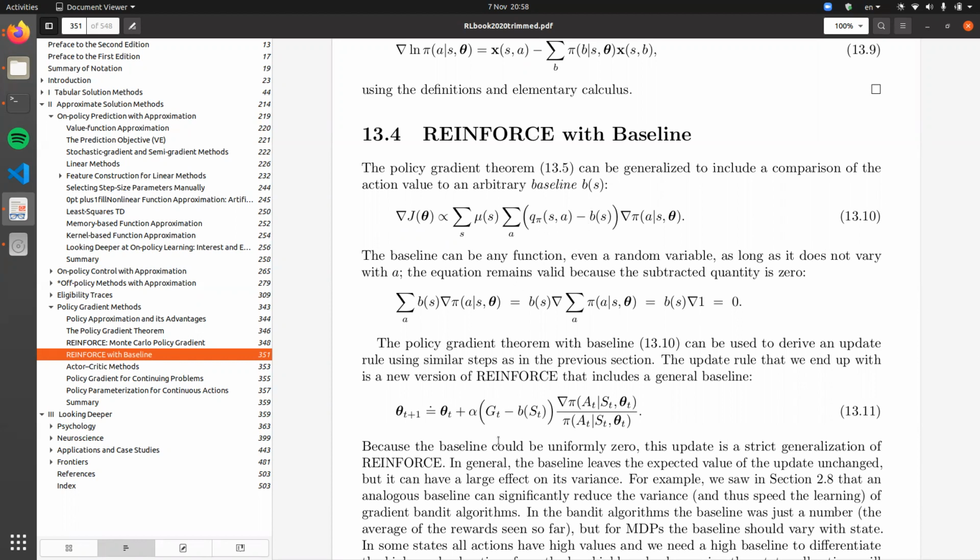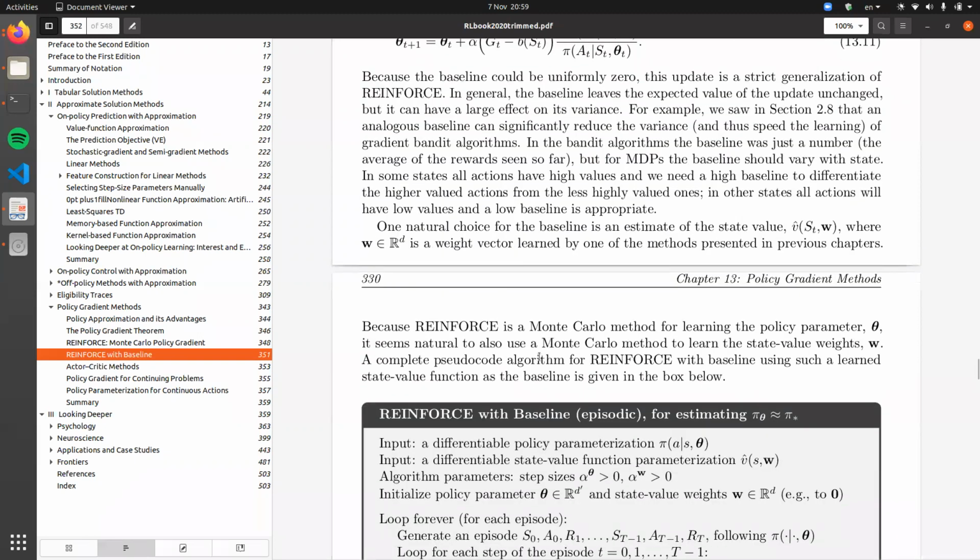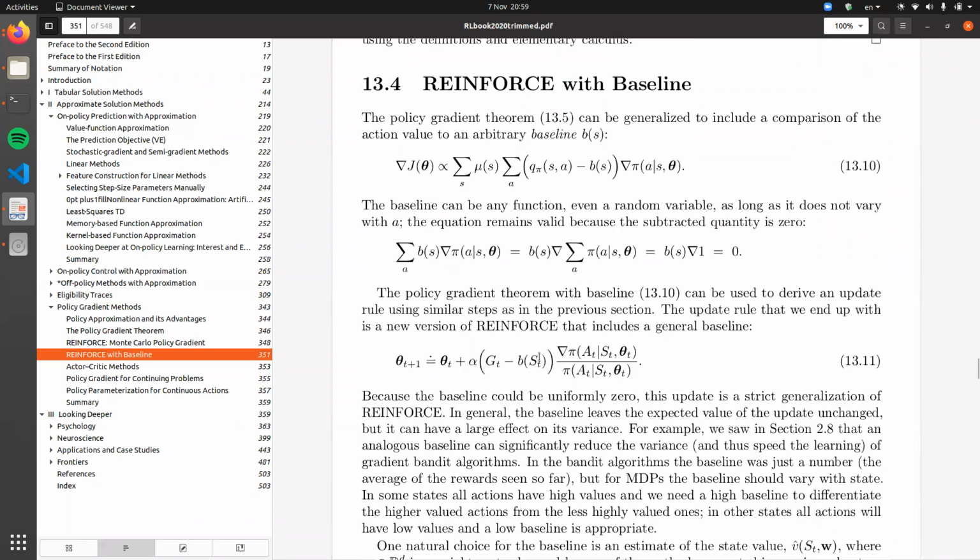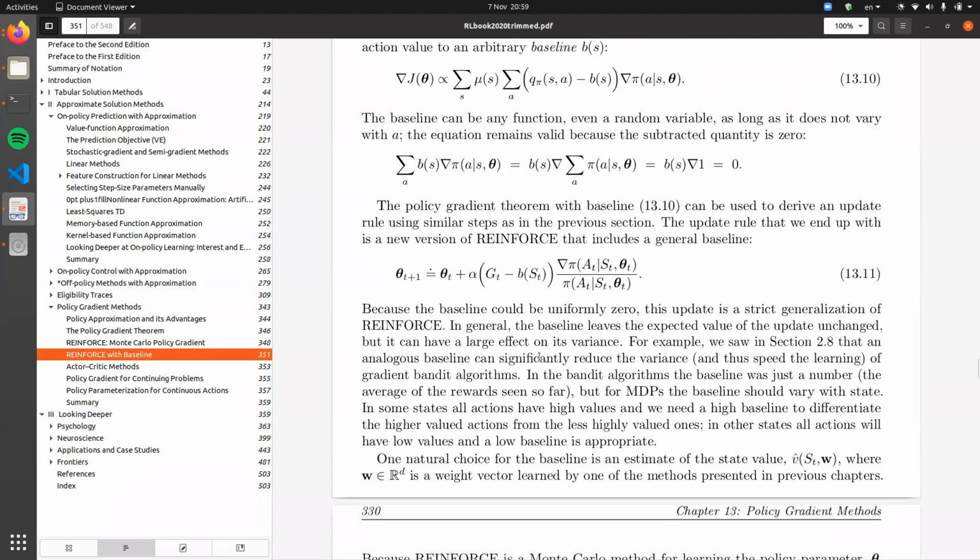And by selecting this baseline smartly, we can improve the performance of the REINFORCE algorithm. A reasonable choice for the baseline would be just the average value of that state, right? So I guess that makes sense.